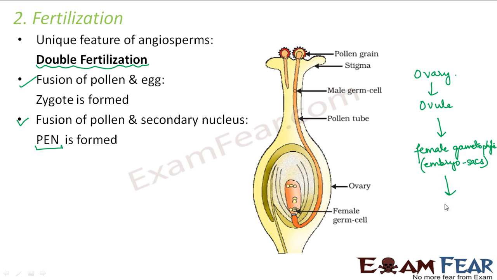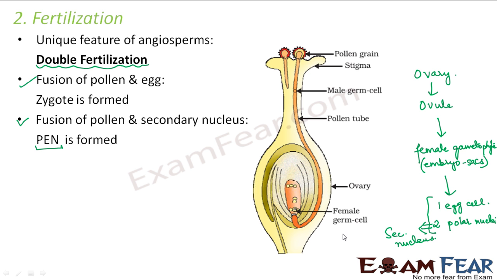This actually produces one egg cell and two polar nuclei. So inside the female gametophyte you have one egg cell and two polar nuclei. These two polar nuclei will fuse together to form a secondary nucleus. So basically inside the ovule you have one egg cell and one secondary nucleus.